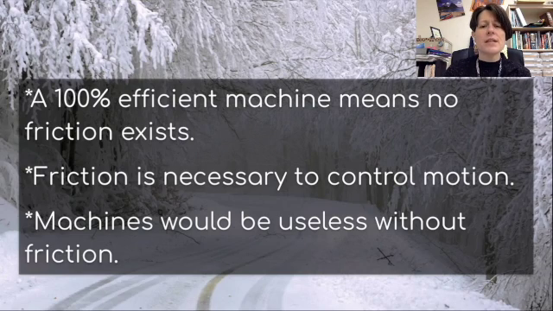So friction is necessary to control motion. If you get on this road, you could be totally out of control. And machines would be useless without friction. Without friction, you wouldn't be able to go up a ramp because it would be too slippery. So it would be totally useless.